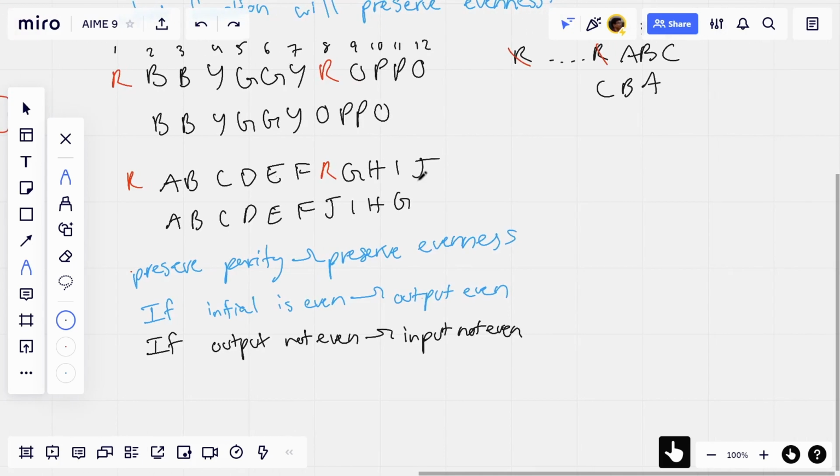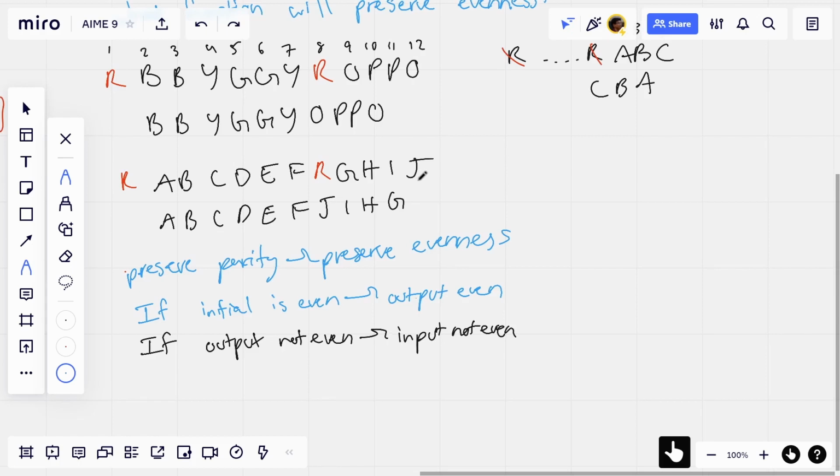Well, in the first case, after R there are 11 blocks, and R can be placed at the beginning, right next to the other R, or it can be placed at the end of the 12 block sequence, because there would be 10 blocks in between it.